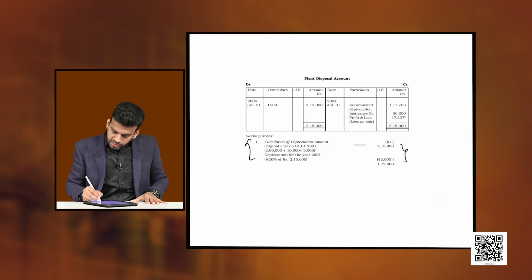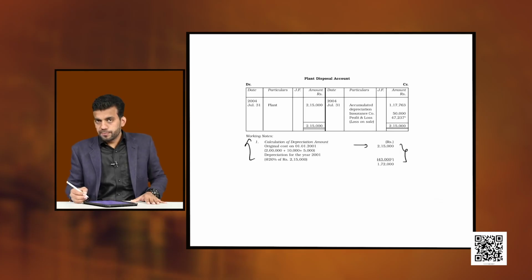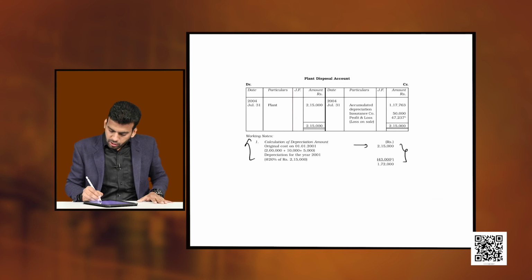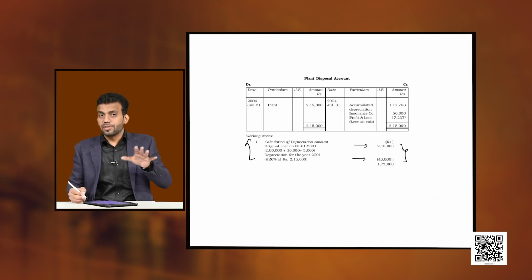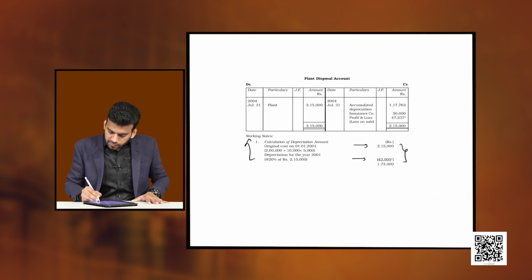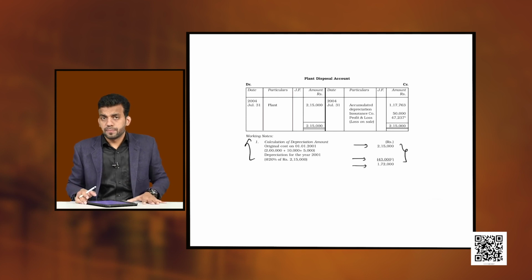That means the reduced value is going to be treated for depreciation. How? Let me show you. As you know, the machine was for 215,000. In the first year, it got reduced by 20%, that is 43,000. Now, the reduced value is 172,000.